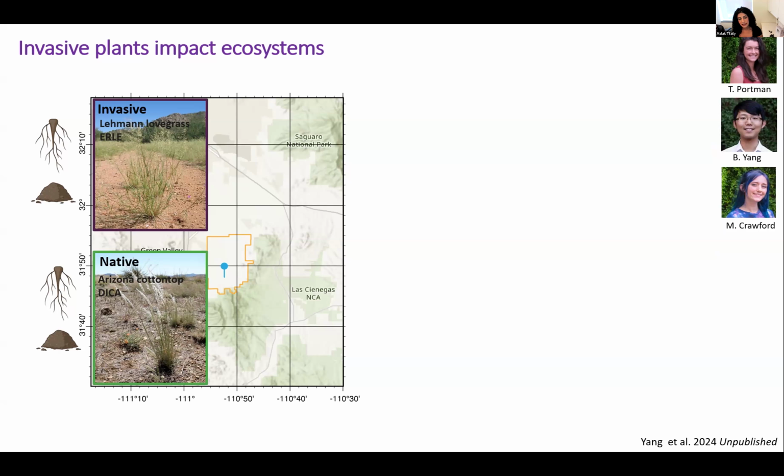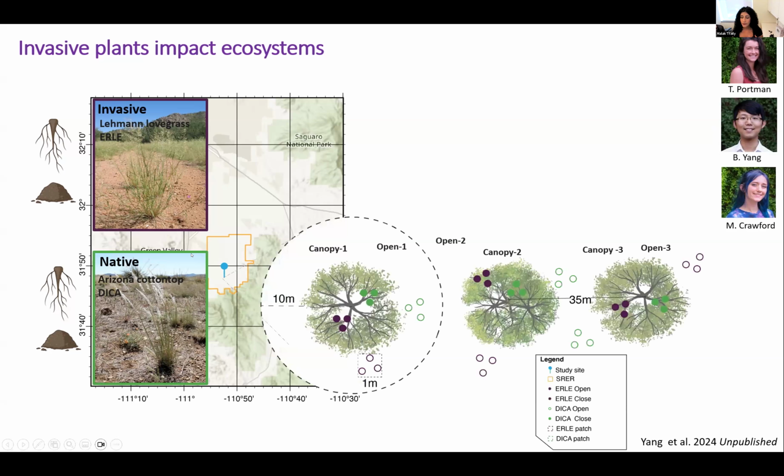We also collected root and rhizosphere samples belonging to the native community. In this case, we chose Arizona cotton top, or in other words, DECA. We collected again root and rhizosphere soil samples from these two plant species in triplicates from two different locations within that experimental range.